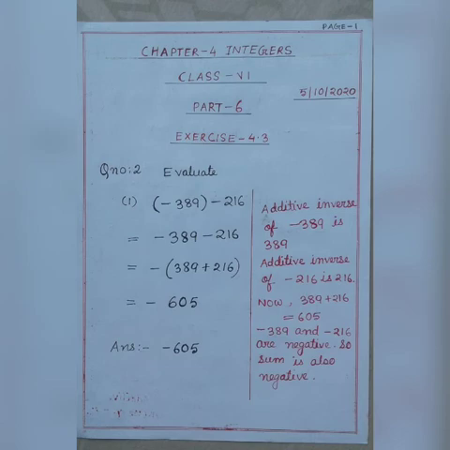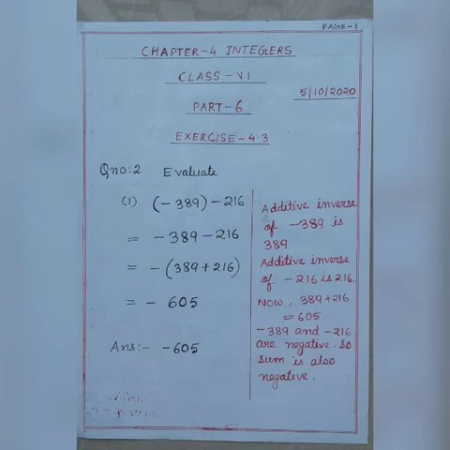We have to subtract 216 from minus 389. So here I can see that both the numbers are negative. So what was the rule? Rule number 2. I shall find the absolute values of 389 and 216 and put a minus sign before the sum of the two integers, as both the numbers are negative.